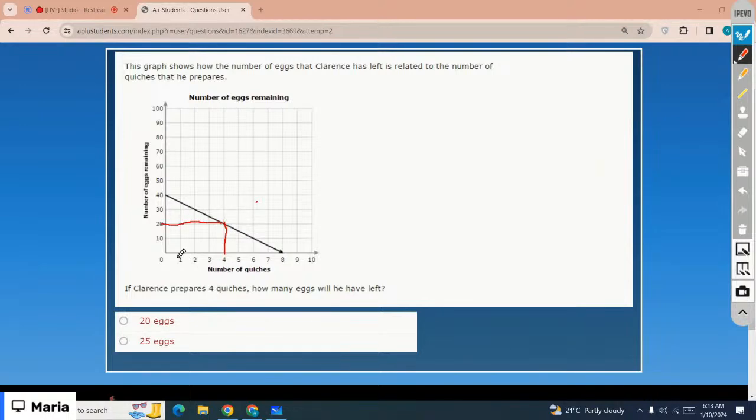So that means if Clarence prepares 4 quiches, then there are 20 eggs remaining. Got it? The correct option is 20 eggs.